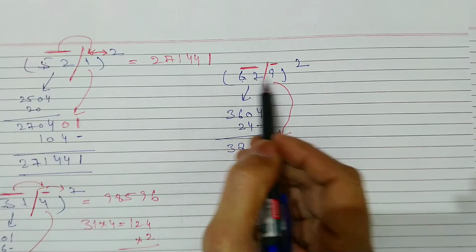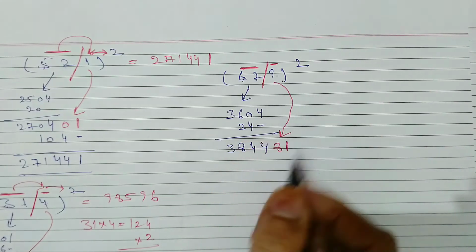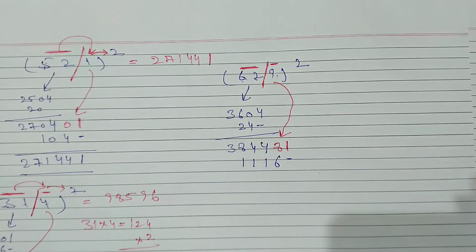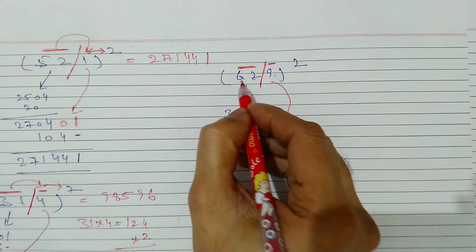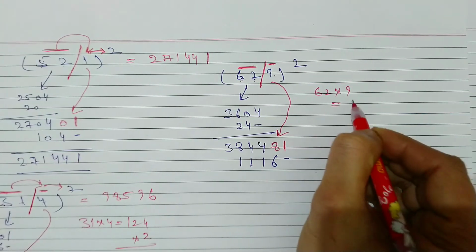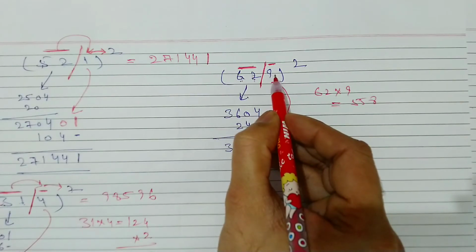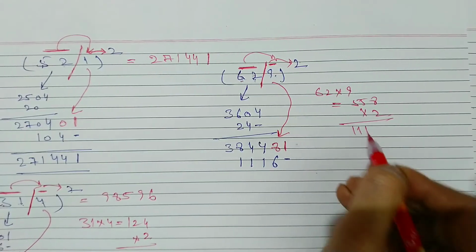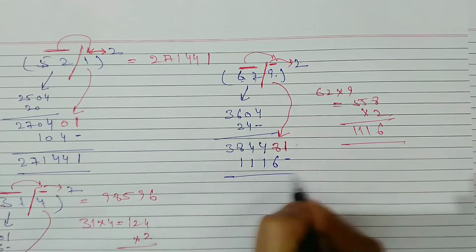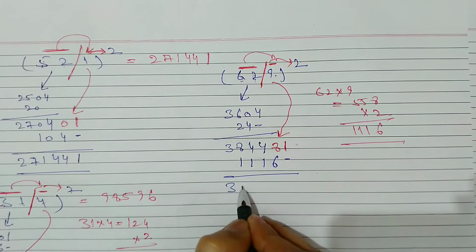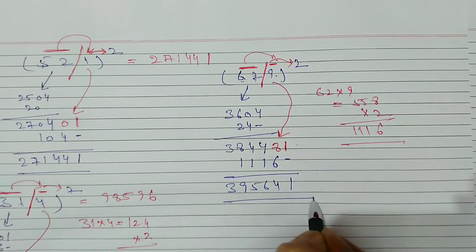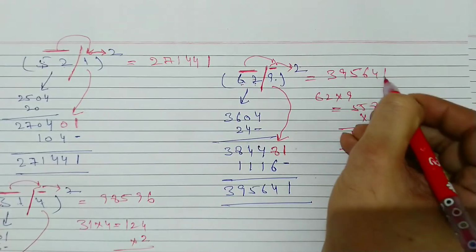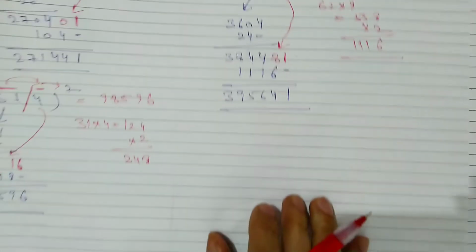Now 62 into 9 is 558, into 2 is 1116. So by adding all this we get 395641. So the square of 629 is 395641.